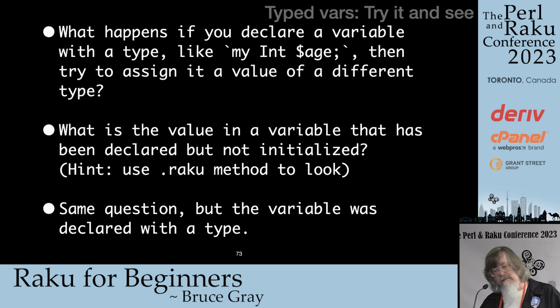I think these are out of order slightly. So it's essentially the same thing. If you said my int age equals a rat or a num, it should yell at you. And if you want to try creating but not initializing a typed variable and asking .what, it's educational, but I'll tell you in a minute.